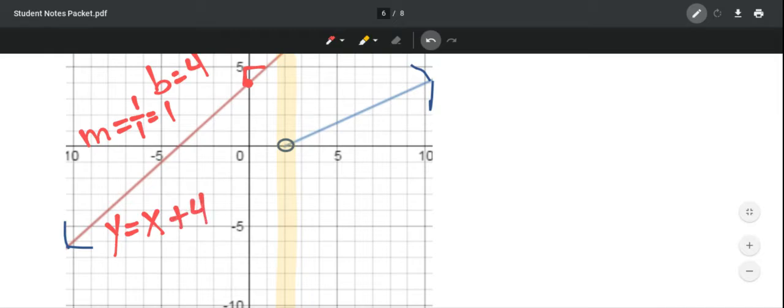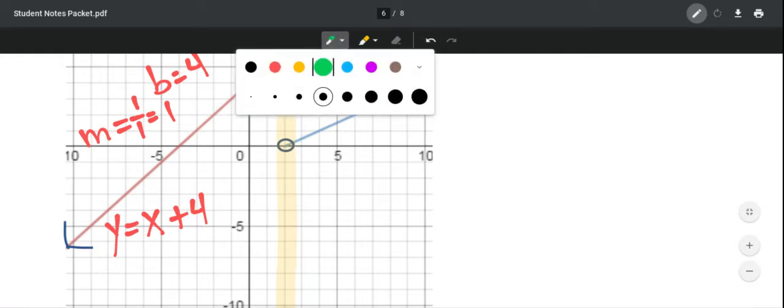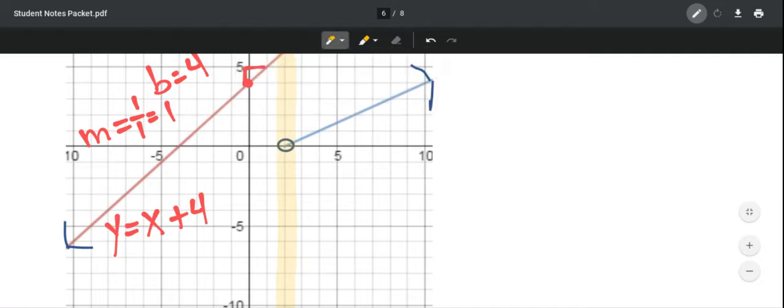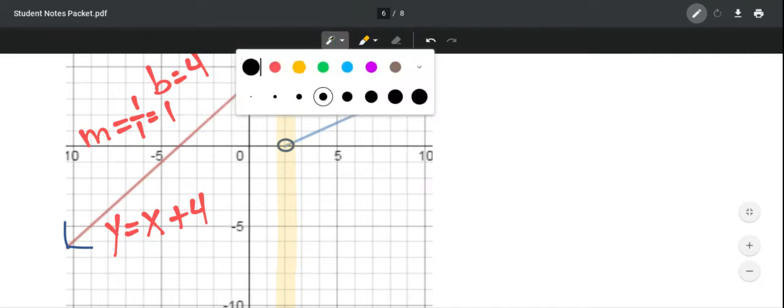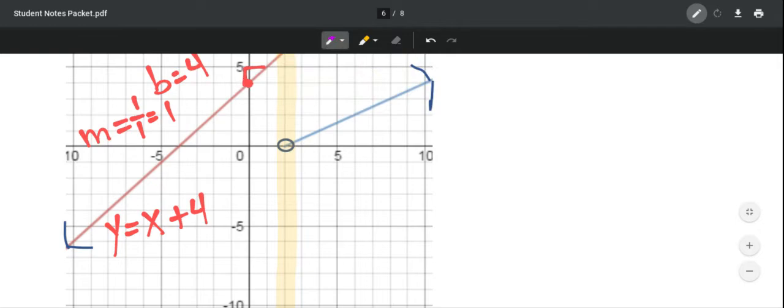This next one, it does not cross the y-axis, so that means that we need to, I don't think you can see that one as much. So we need to find 2 points. You can find your m, rise over run, so that's 1 over 2. And then we have a point.